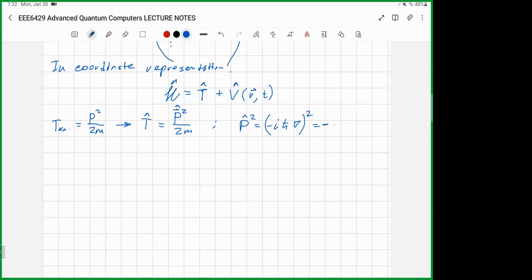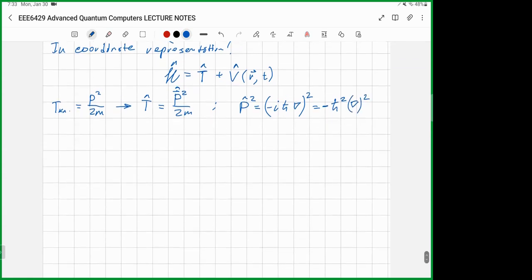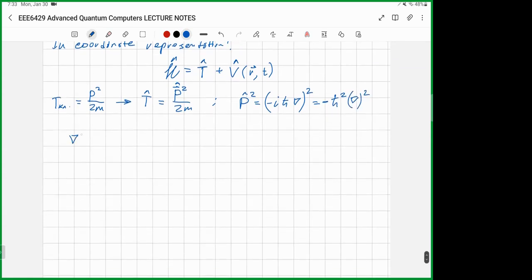So I write minus, then minus ħ squared, and then this nabla operator squared. So the nabla operator squared is what? It is the Laplacian operator, which is equal to d2 over dx squared plus d2 over dy squared plus d2 over dz squared.